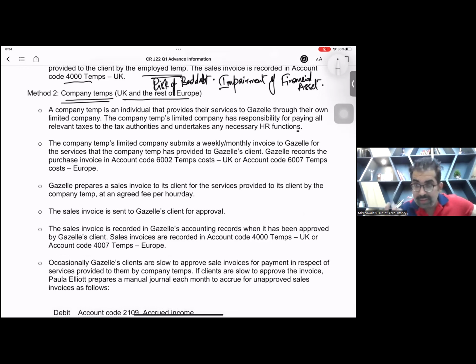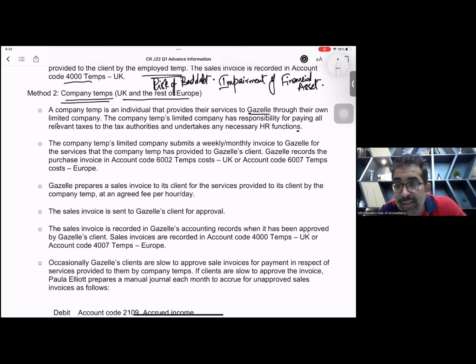Listen now, read the contract terms. A company temp is an individual that provides their services to Gazelle through their own limited company. Now we are the middleman. On one side we have a company and on the other side we have a client. We'll just connect this company with our client.